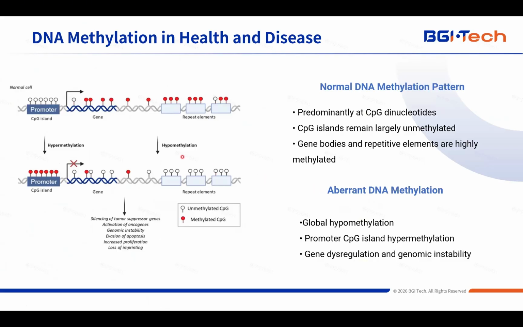In normal cells, CpG islands remain largely hypomethylated or unmethylated, whereas gene bodies and repetitive elements are highly methylated. However, in aberrant cells, the pattern becomes disrupted. We typically observe global hypomethylation together with promoter CpG hypermethylation, which contributes to gene dysregulation and genomic instability.